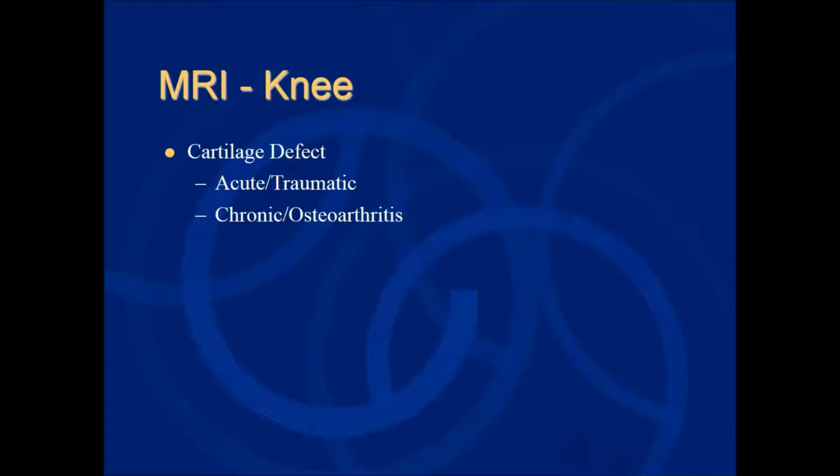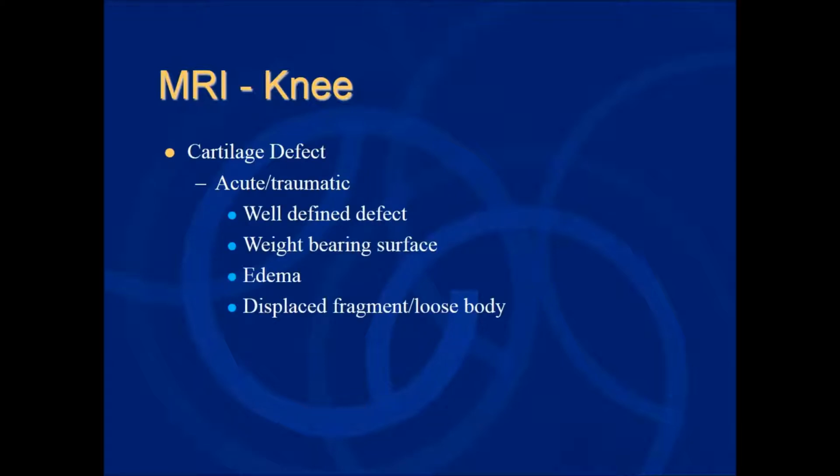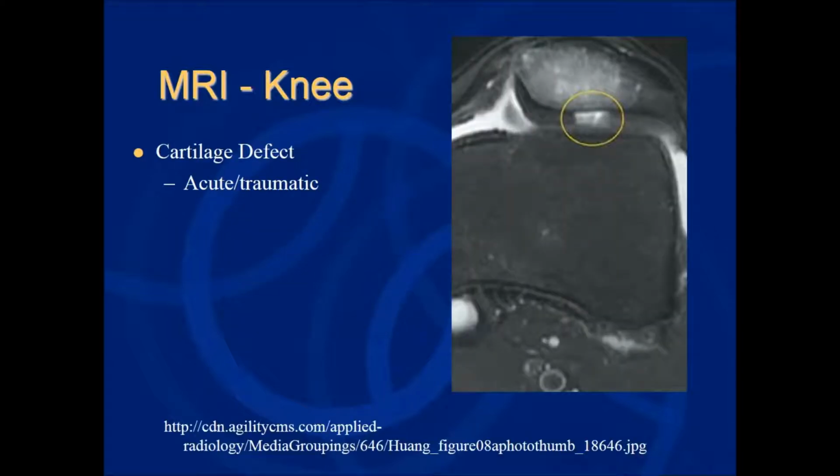With cartilage abnormalities, you can have acute or traumatic cartilage defects as well as chronic or degenerative or osteoarthritis related cartilage defects. Acute cartilage defects tend to be well defined at weight-bearing surfaces and be more likely to have underlying subchondral edema. You can also have a displaced fragment. Here we have a well-defined cartilage defect showing a perpendicular cleft with respect to the normal cartilage.